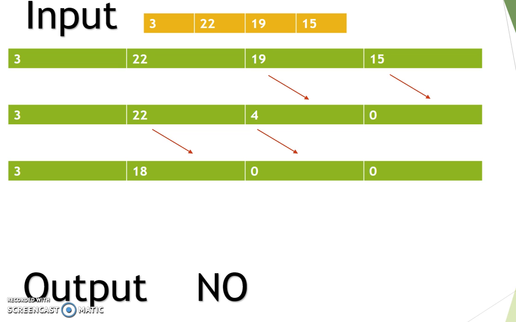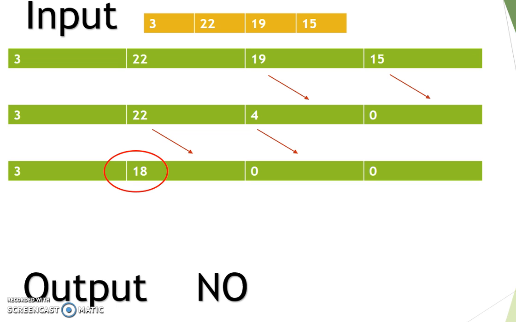Hence the output will say that there is no solution, because as we already said, we don't want the number at i minus 1th position to be negative, and we cannot play around with the numbers ahead of the ith location, as they all have become 0. So in this case our ith location is 2, and the numbers ahead of it, which are 3 and 4, have all become 0. We cannot do anything with them, and the number at i minus 1th position is lesser than the number at ith position. 3 is less than 18.